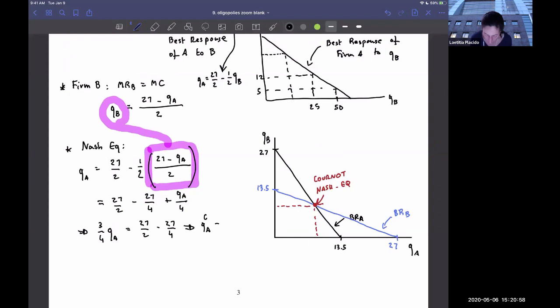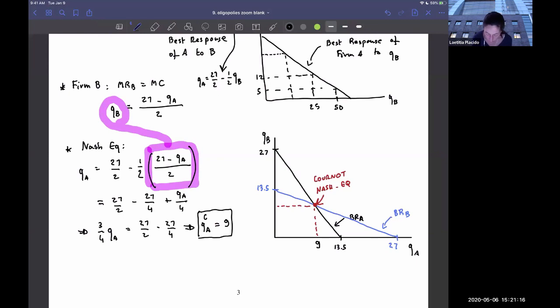So the optimal quantity QA in the Cournot equilibrium is 9. Now we just need to get the optimal quantity QB.